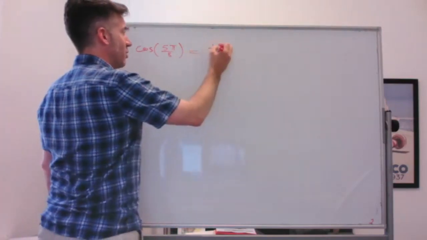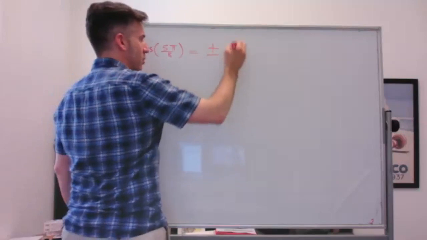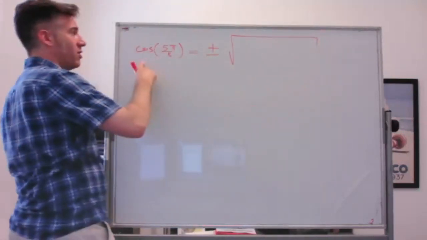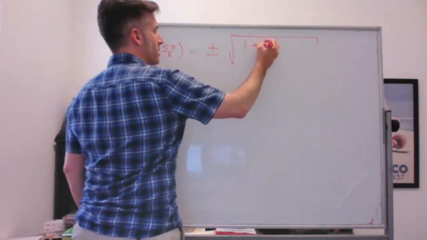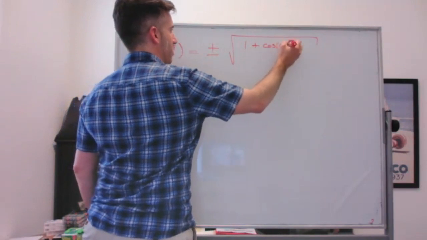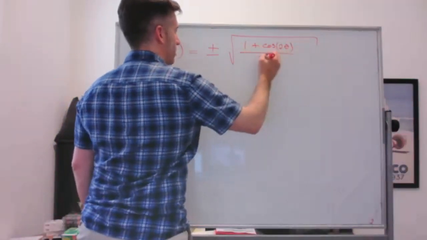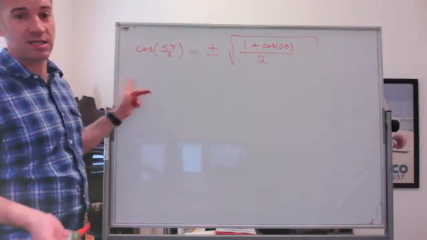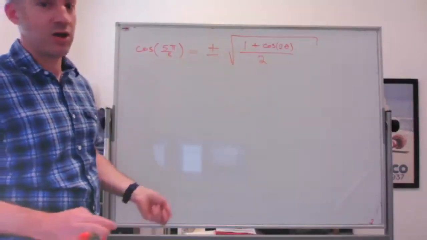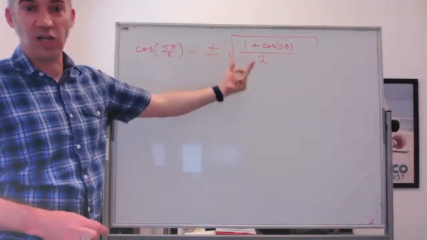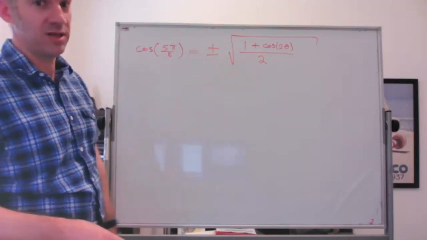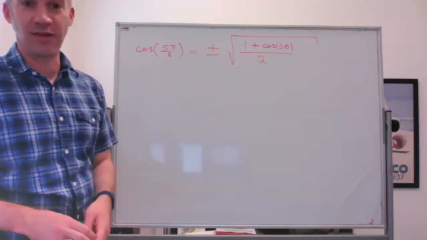It's going to be plus or minus the square root of 1 plus cosine of 2 theta, all over 2. For sine, it's the 1 minus. So you could say sine goes with subtraction for the half angle formulas, and I don't have a good thing for cosine. Sorry.